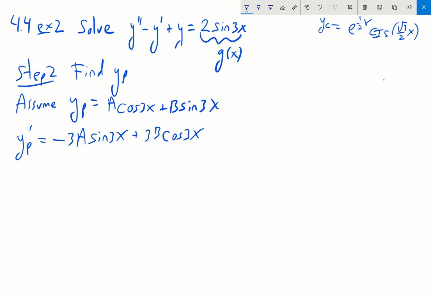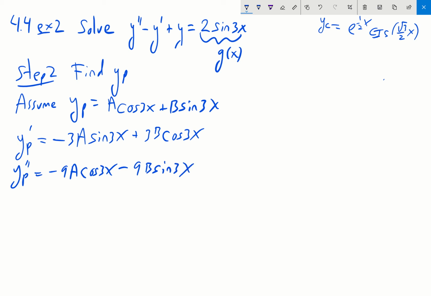And now we need the second derivative, so y p double prime is equal to negative 9a cosine of 3x, and now negative 9b sine of 3x.